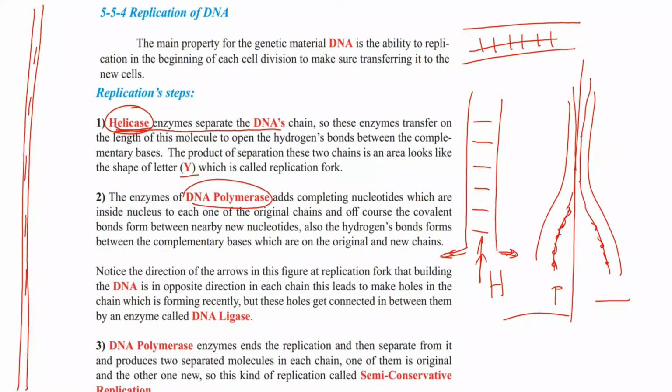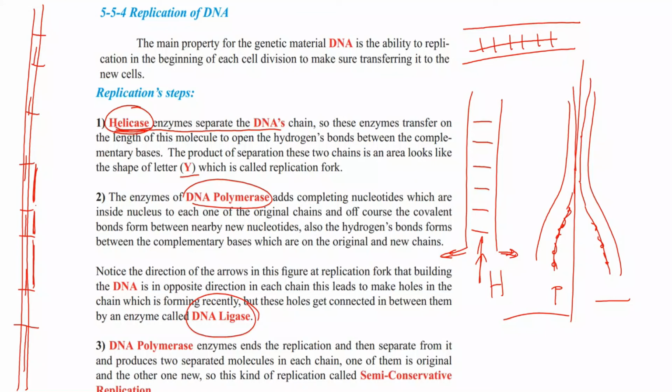As the new DNA is produced, it is like different pieces, 100 pieces produced by 100 enzymes. But the pieces of DNA are bonded to one another by DNA ligase enzyme.